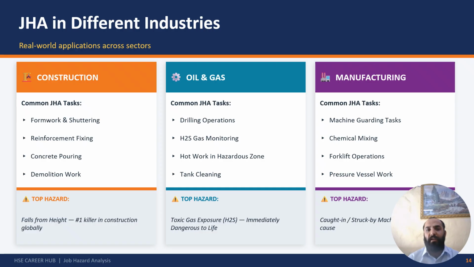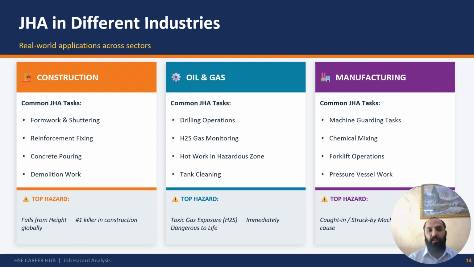The biggest single killer in oil and gas is toxic gas exposure, specifically H2S, hydrogen sulfide. And here is the terrifying thing about H2S. At high concentration, you cannot even smell it. Your sense of smell shuts down instantly. You can be dead in seconds if you are not protected. That's how important a proper JHA is in oil and gas.